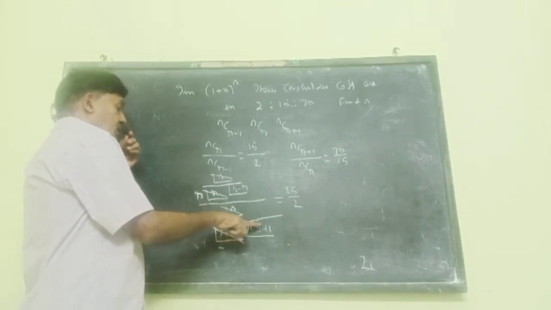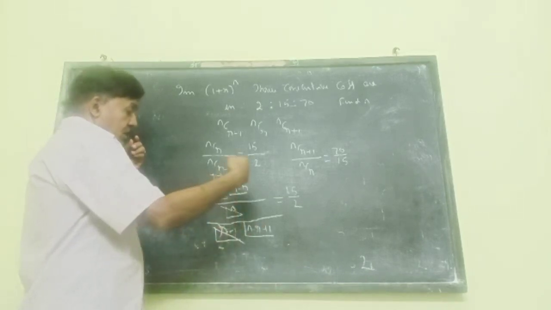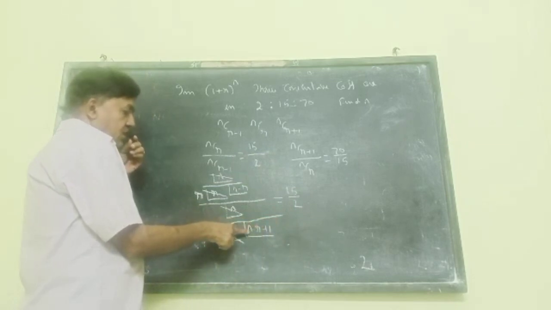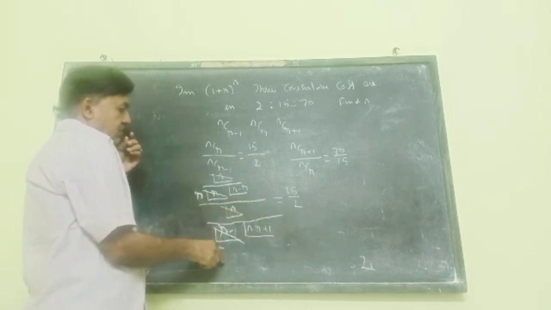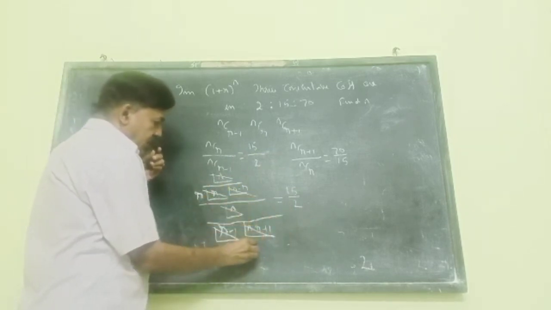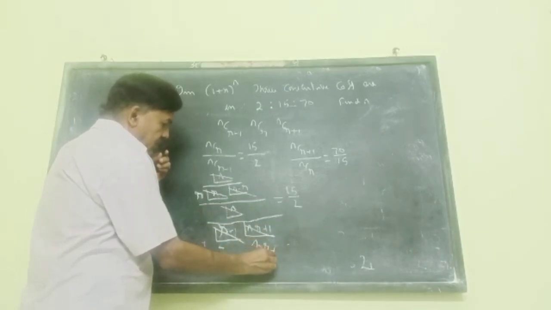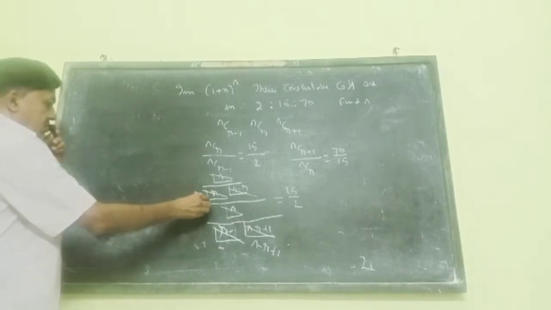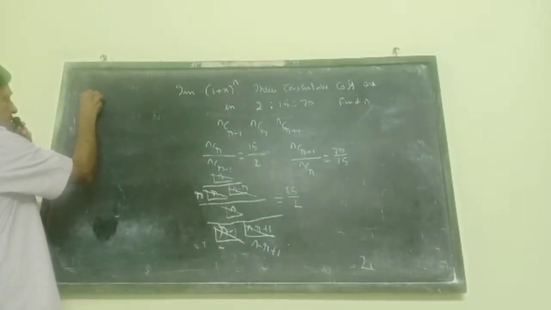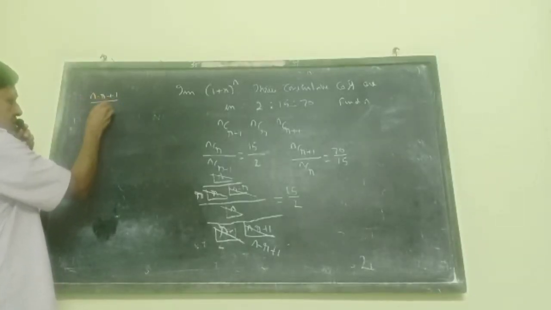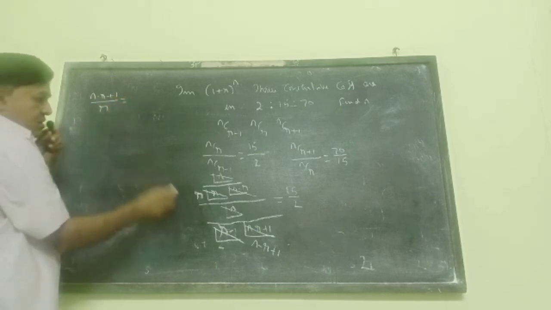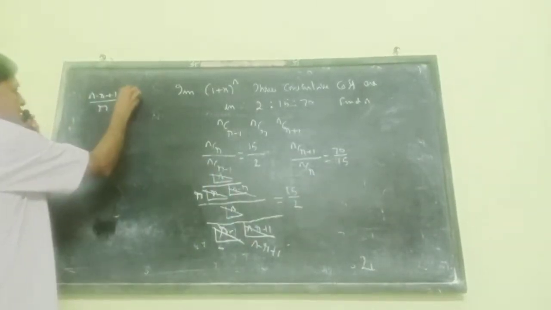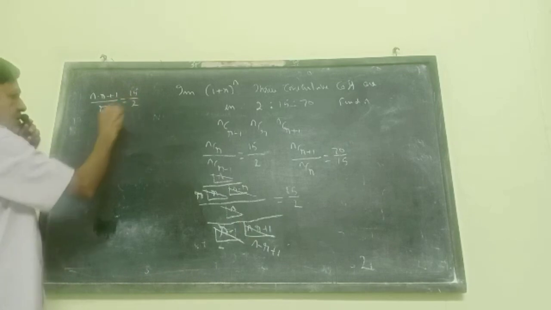After that, (n − r + 1)! is (n − r + 1) into (n − r)!, these cancel, and you get n − r + 1. So finally you get (n − r + 1)/r, and this is equal to 15/2.